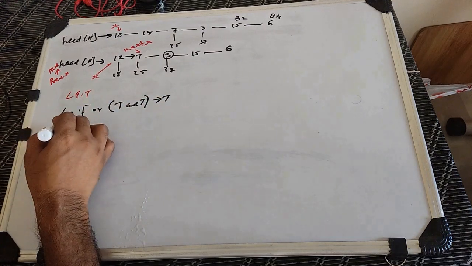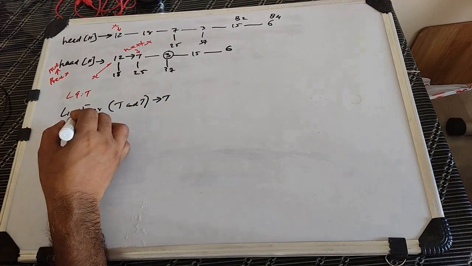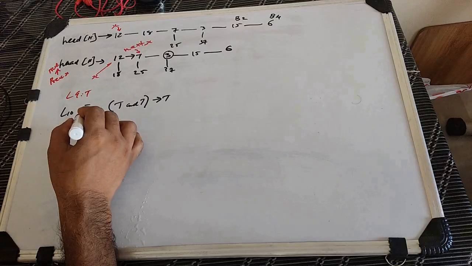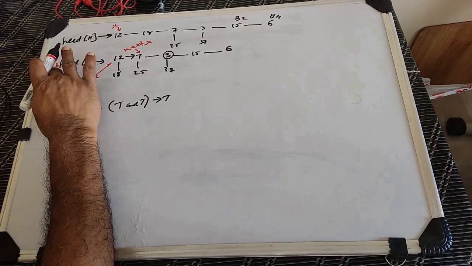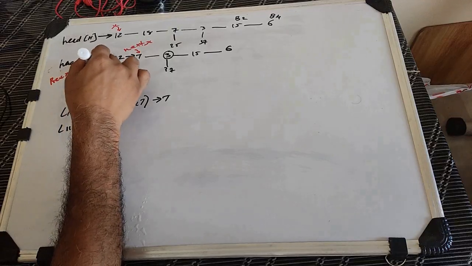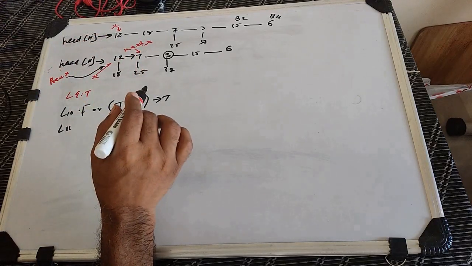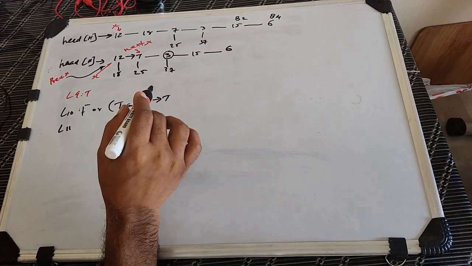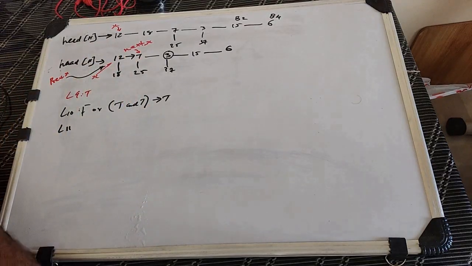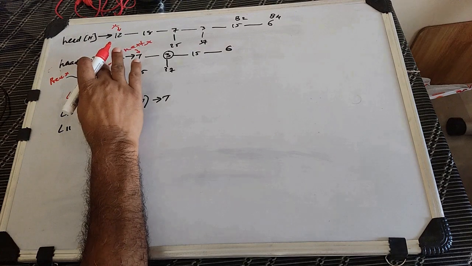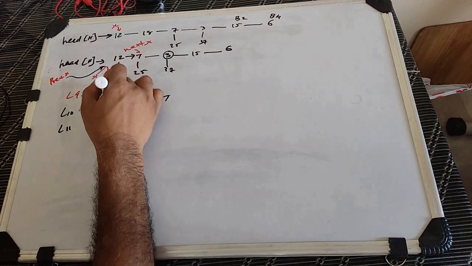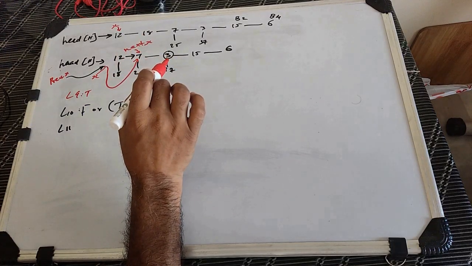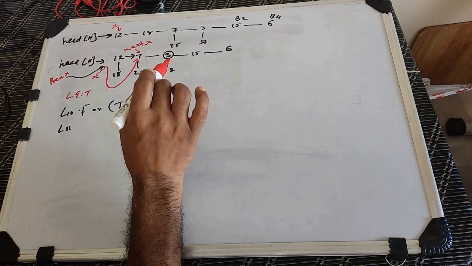So line number 11 will be working. Previous x equal to x. So previous x also points to 12, node 12. Then x equal to next x. Now the new x will be 7. Okay, the if condition is okay.